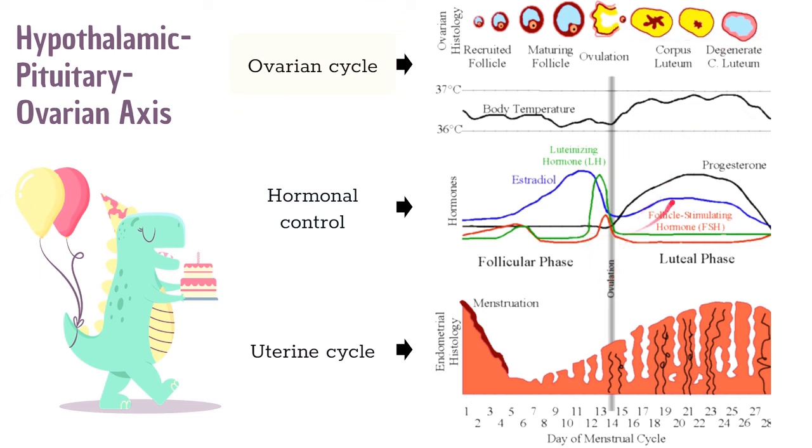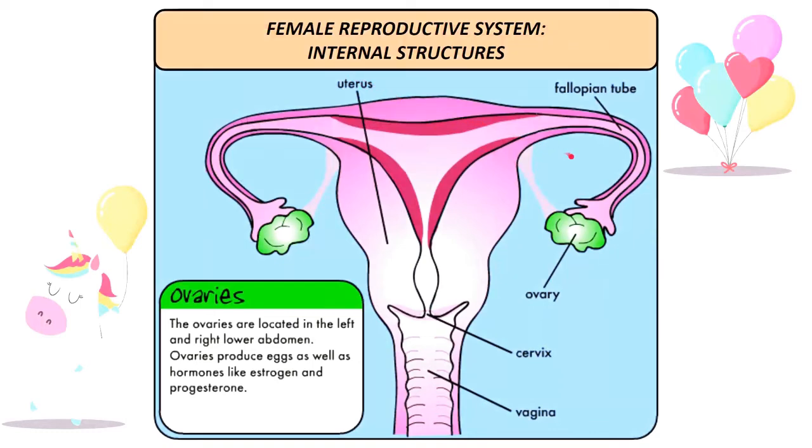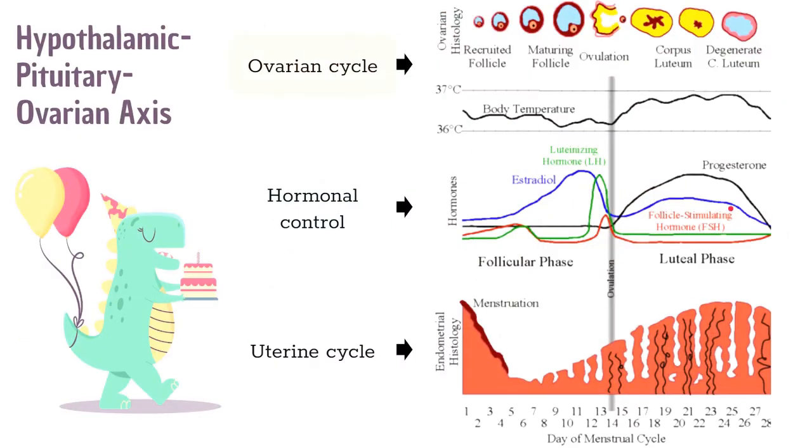That's why it's preparing everything just in case a zygote will embed itself. It's preparing the thickening of the uterus just in case a zygote will embed itself in the uterus should fertilization occur. So it will wait for several more days.